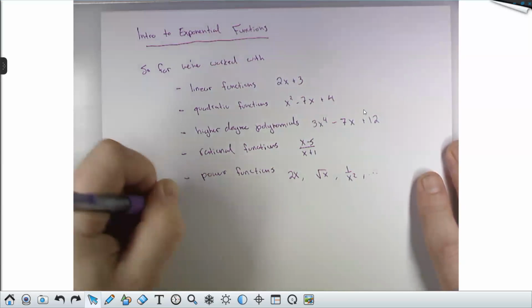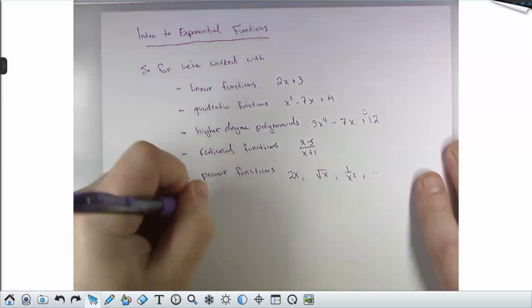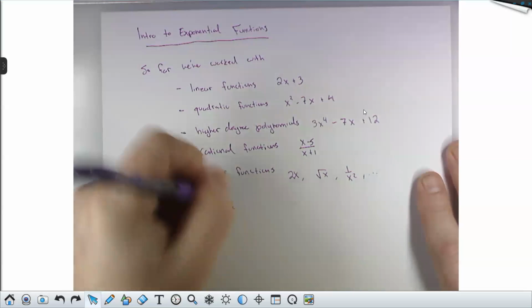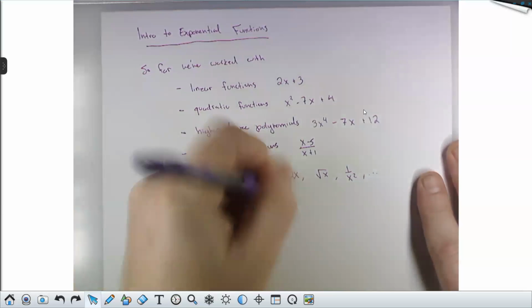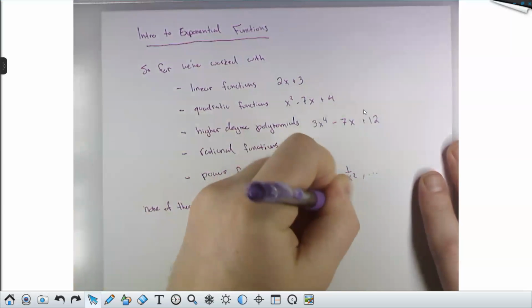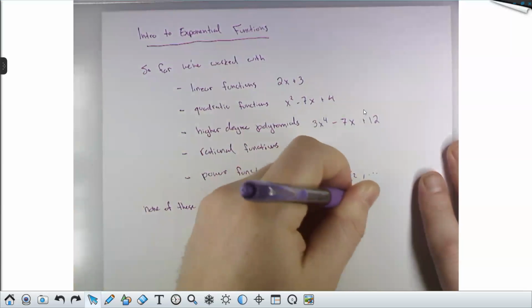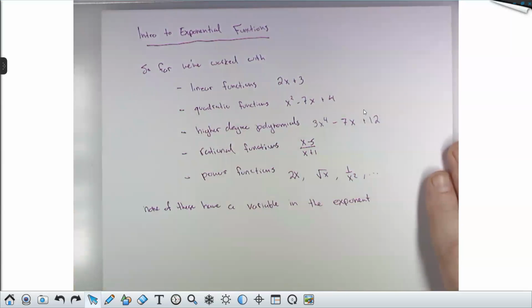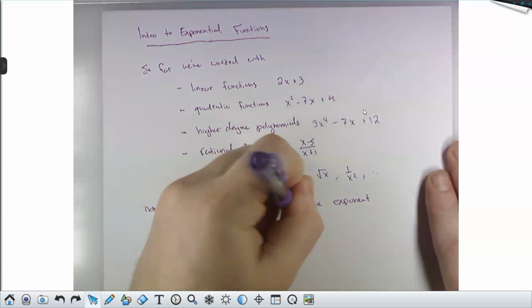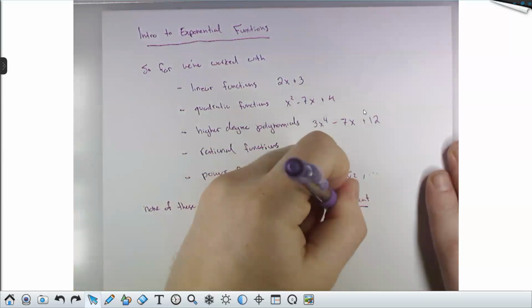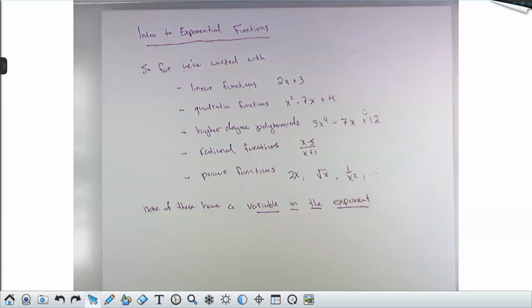None of these have a variable in the exponent. And there are some hugely important functions in mathematics which do have variables in the exponent.